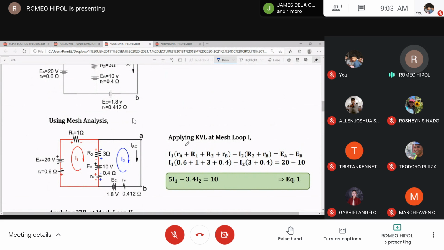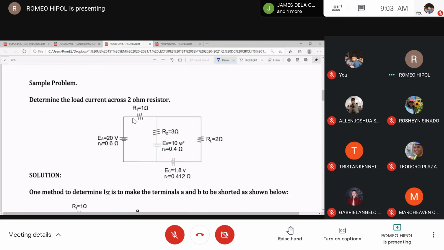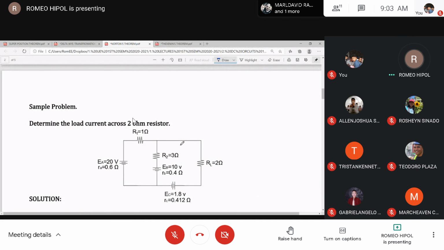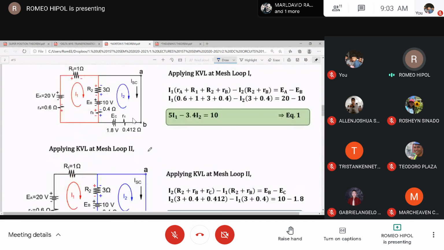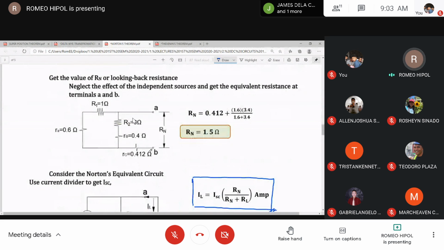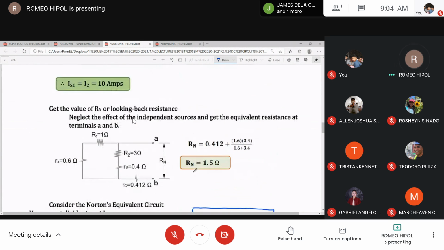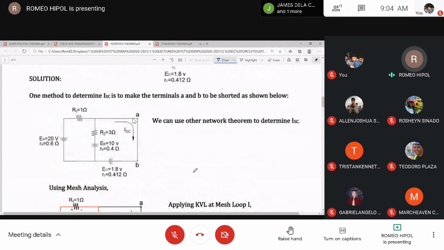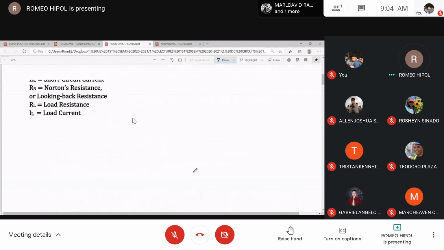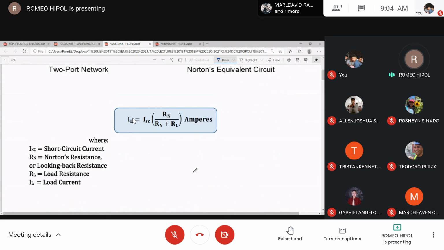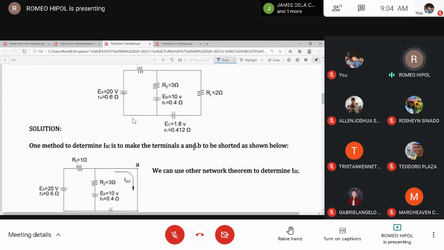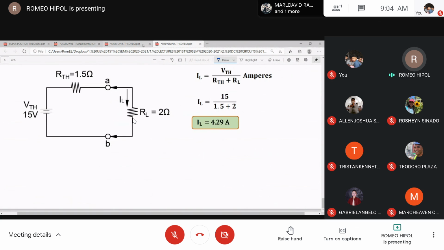If the given problem is looking for the Norton's theorem, so i-apply nyo itong formula natin or yung process. So, huwag kayong gumamit ng shortcut method. Yung shortcut method is can be used for checking lang. Naintindihan? So, you need to study the process of Thevenin's and Norton's theorem. Okay na? Sige. Actually, natapos na natin itong lecture natin.